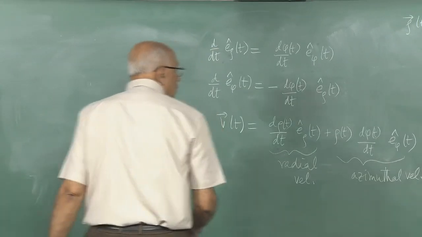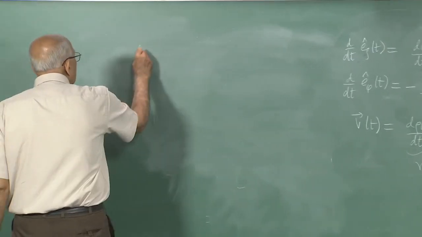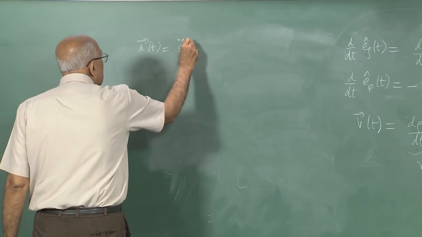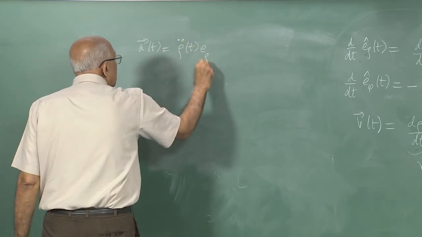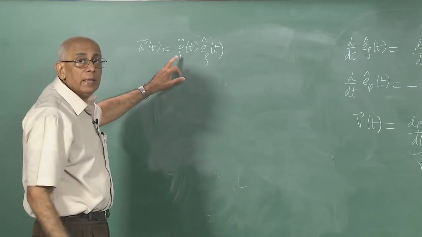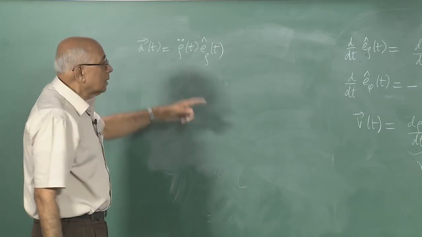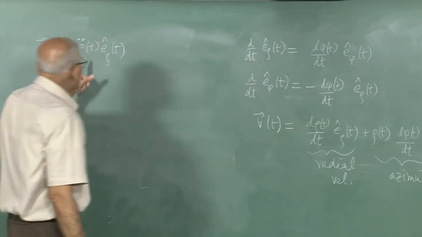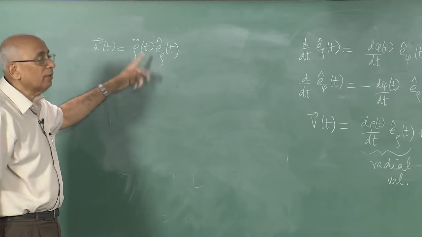So we have A of t equal to the first term is rho double dot of t E rho of t, and you will recognize what this term's physical meaning is very simply, because just as this portion of it was the radial speed, this part is the radial acceleration, if any.